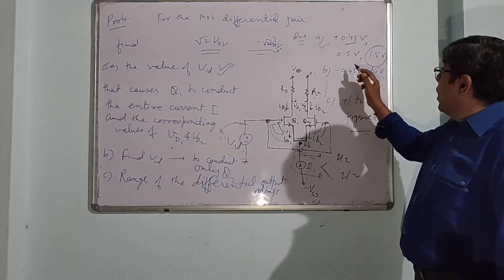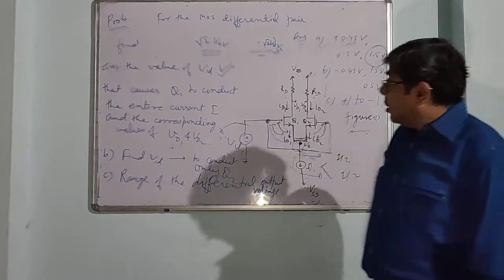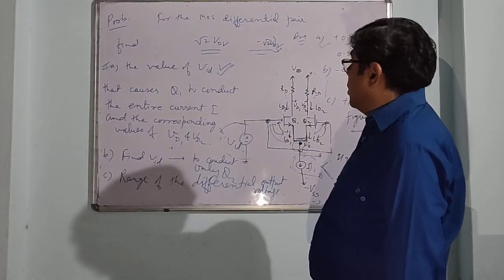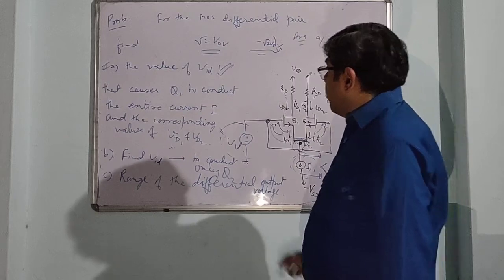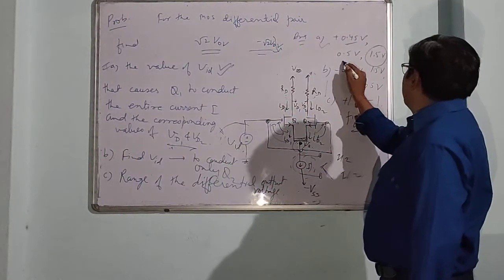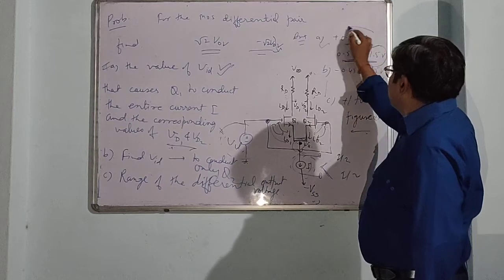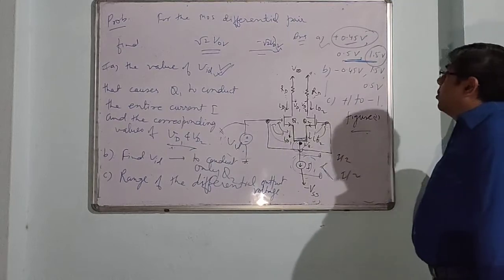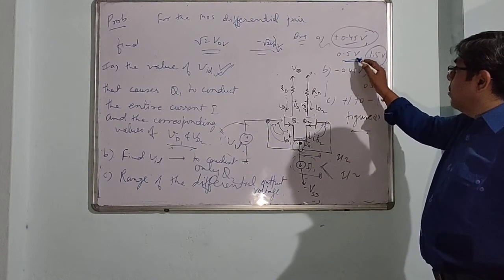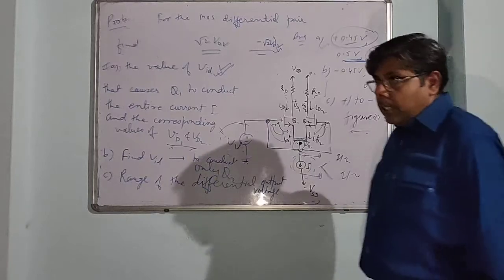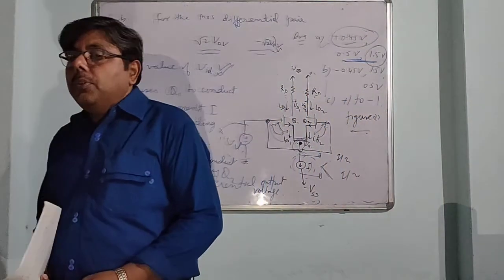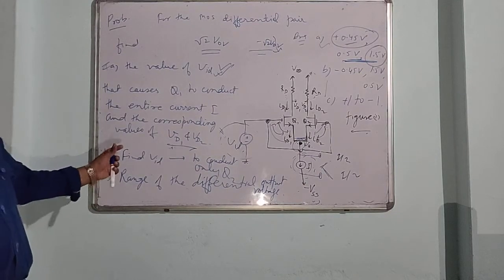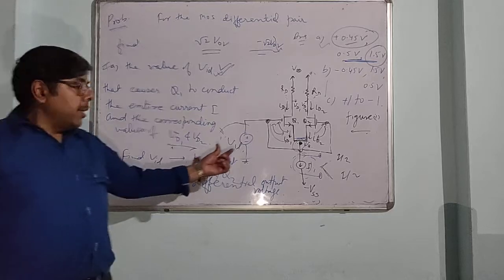These are the values of VD1, VD2, and this is the value of VID. So in one part we have the value 0.5 volt, in another part 1.5 volt. So you can do this problem for differential input.